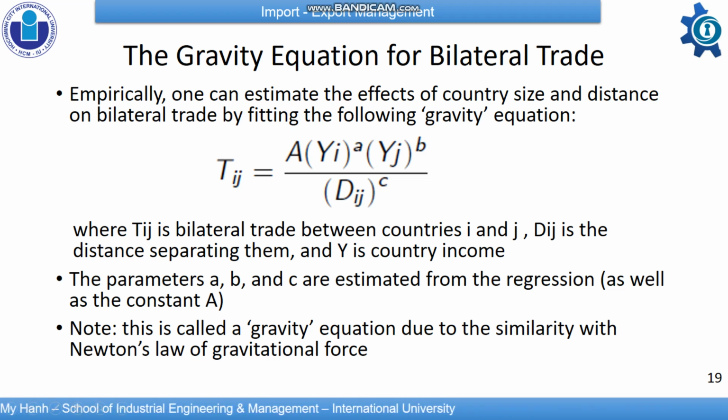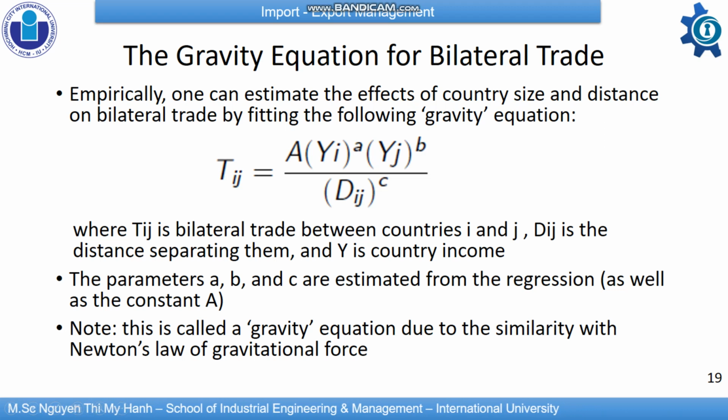So we have Tij is the bilateral trade between countries I and J. Dij is the distance between the two countries, and Y is the country income, GDP.